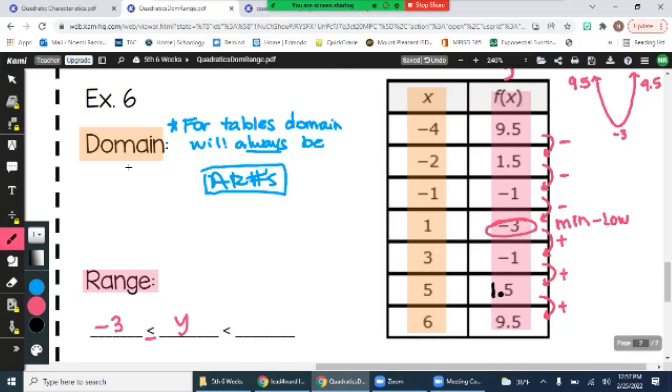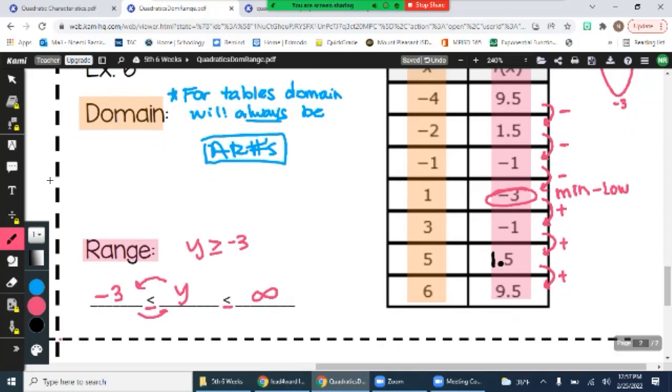And what is our maximum? Infinite. We're assuming that it will be all real numbers, so there has to be arrows on both sides, okay? Do I have to flip this? Yep. We flip it around and it becomes y is greater than or equal to -3.